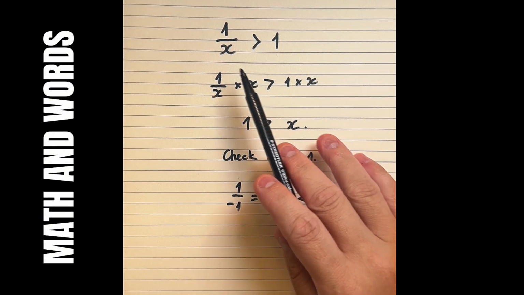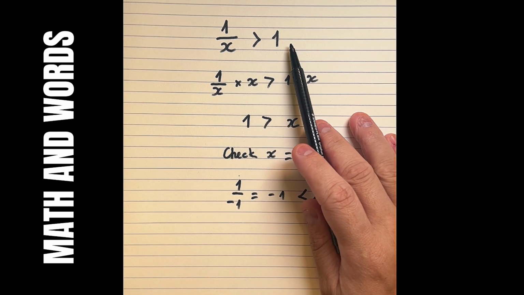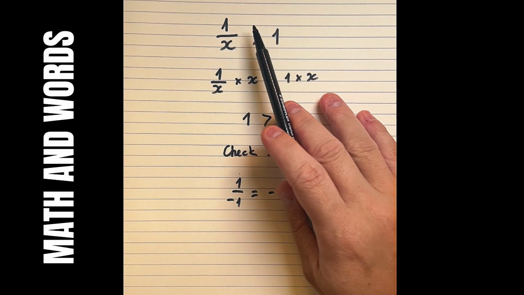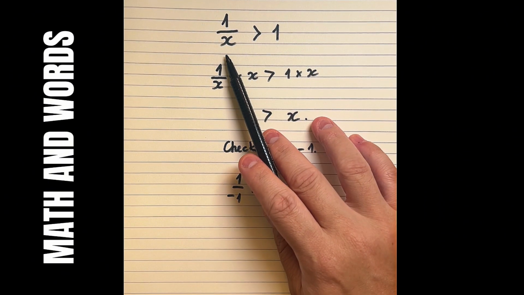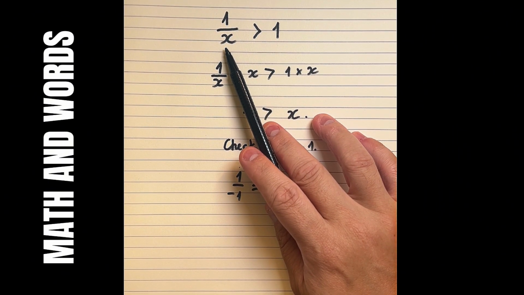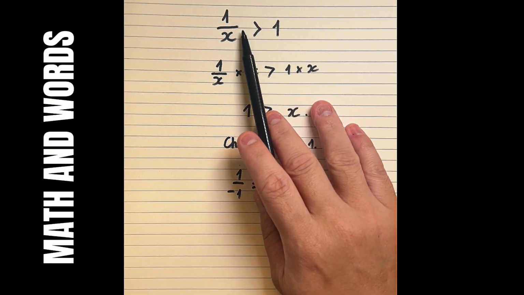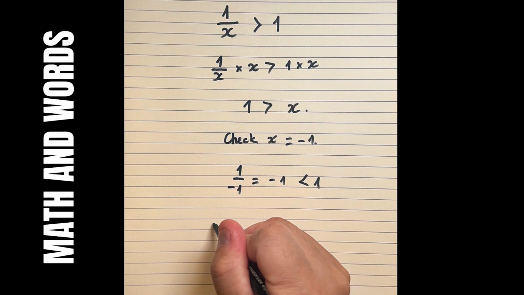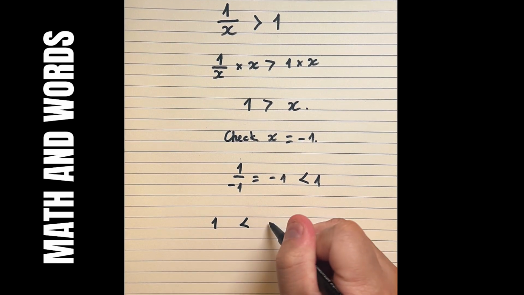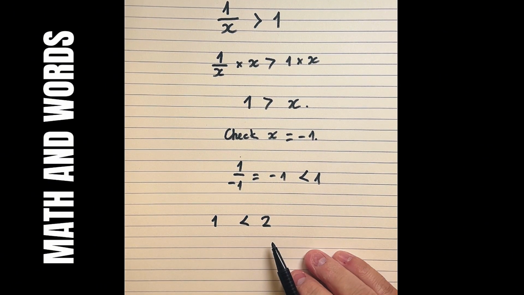If x is positive, yes, we can take it to the other side and we don't change the inequality sign. However, if x is negative and you want to times a negative to both sides, you actually switch the inequality sign. For example, let's say I have 1 is less than 2. For sure this is correct.